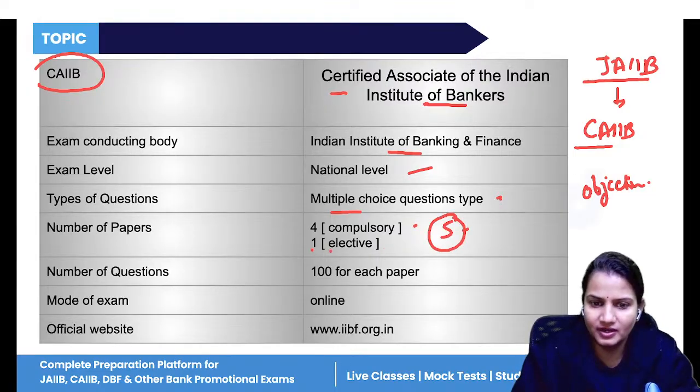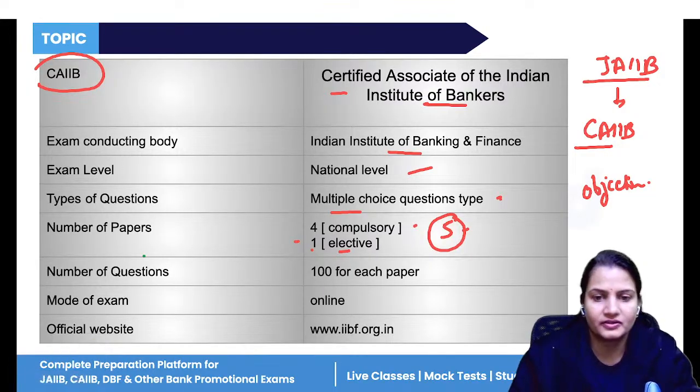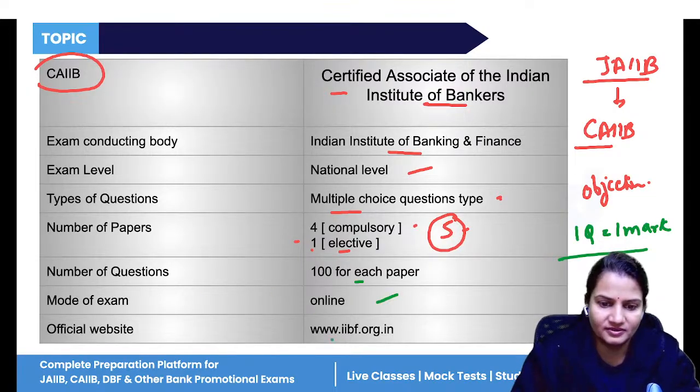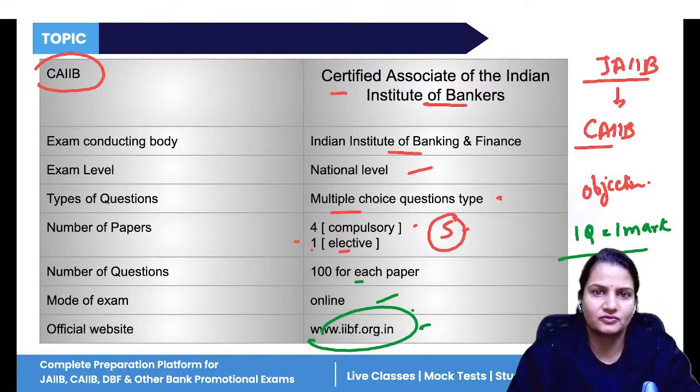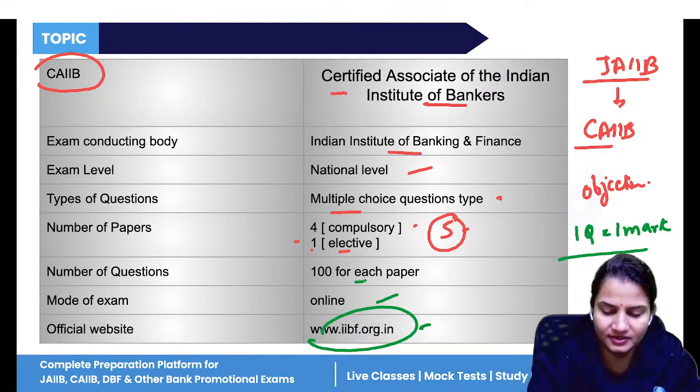It's not that the elective is not mandatory or not important. No, it is equally important along with your compulsory papers. There would be 100 questions for each paper, and each question carries 1 mark. The mode of exam is online, and this is the website you can visit if you want to search for anything.